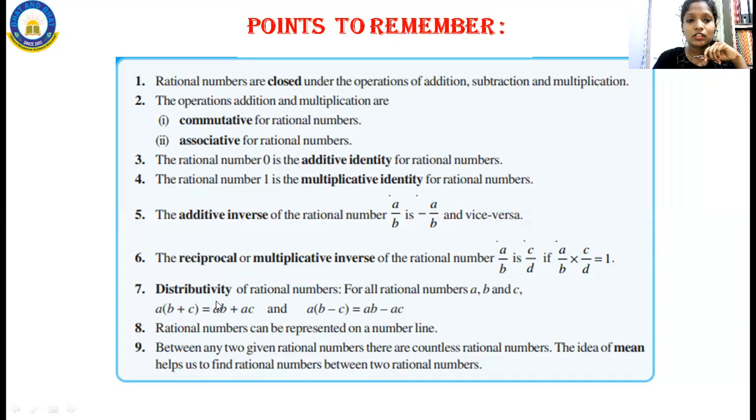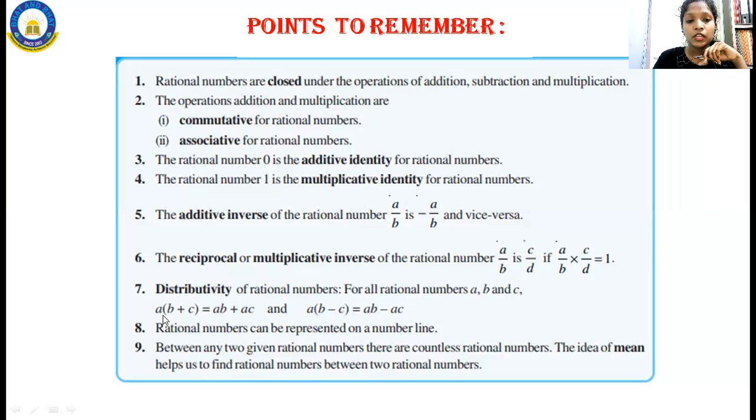The seventh point is about the distributive property. That means how we distribute the numbers. For example, a into (b plus c) is equal to ab plus ac, and a into (b minus c) is equal to ab minus ac. How will you know it is the distributive property?